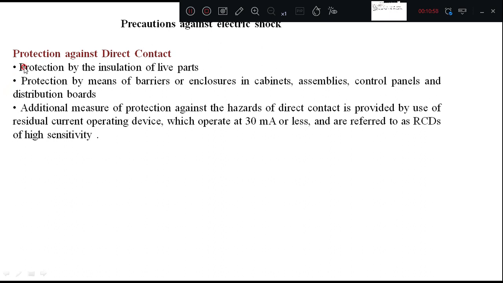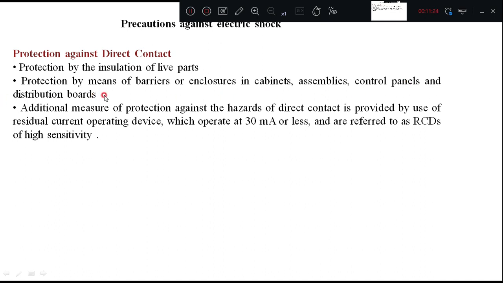For that, what you have to do is protection by the insulation of the live parts. Wherever there are live parts, you have to insulate them so that they should not come into contact with human beings. Protection is also provided by means of barriers or enclosures in the cabinets, assemblies, control panels and the distribution boards.